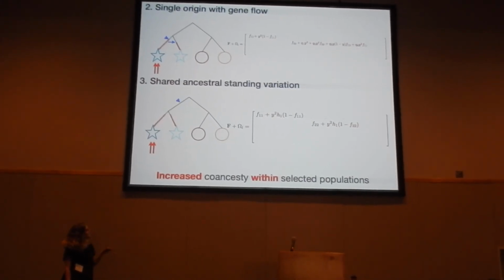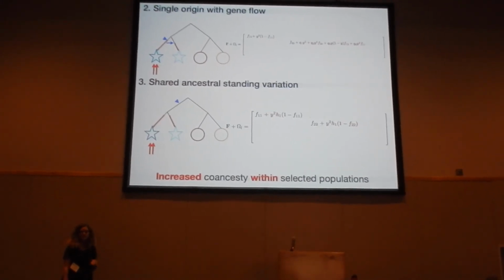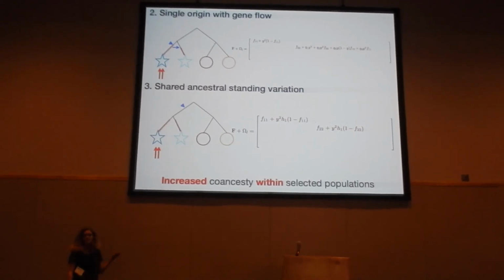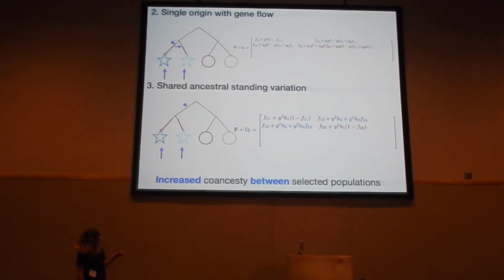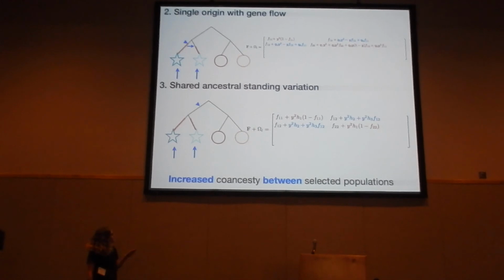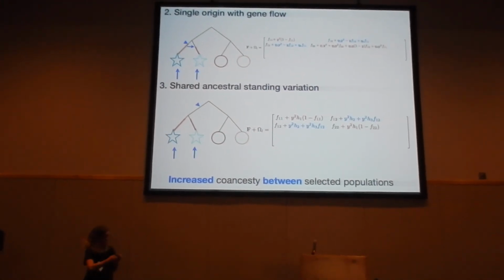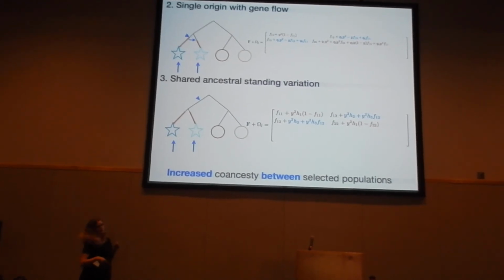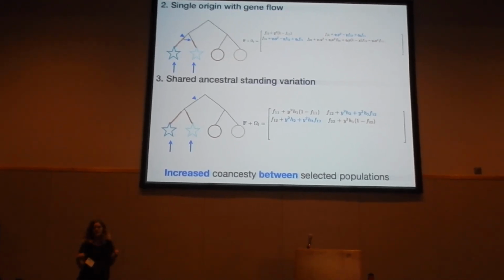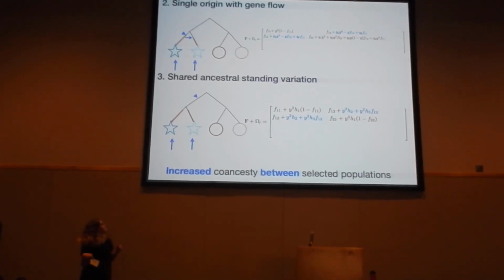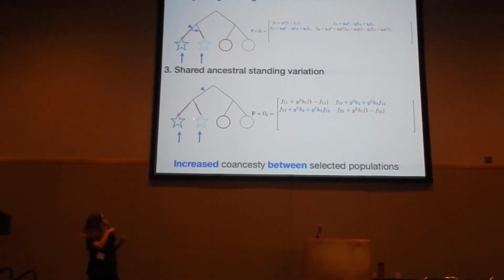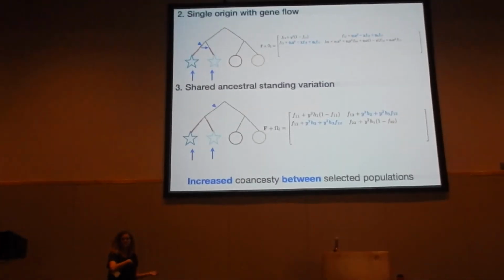We see the same effect of this increased coancestry within our selected populations for our other two models of migration and selection on shared ancestral variation. But in this case, we also see that there's an increased coancestry between our selected populations. And this is due to the fact that selection is acting on the same variant, something that's either shared via migration or something that's shared via selection on the same shared standing variant.